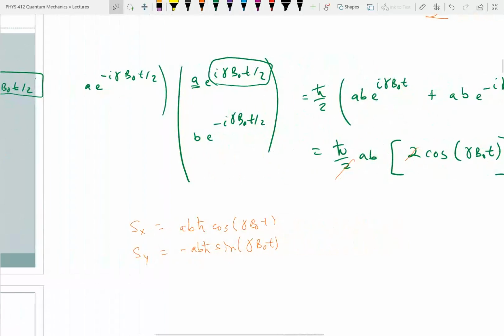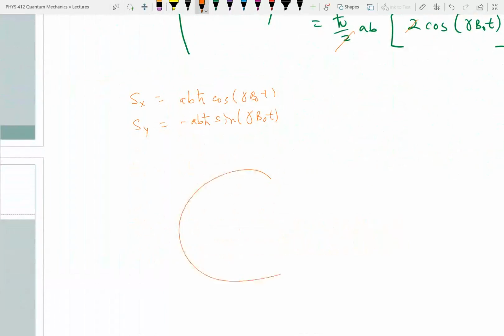Keep in mind what we generally do. If I have a circle and I define an angle theta here, then I would have the x component, the y component.